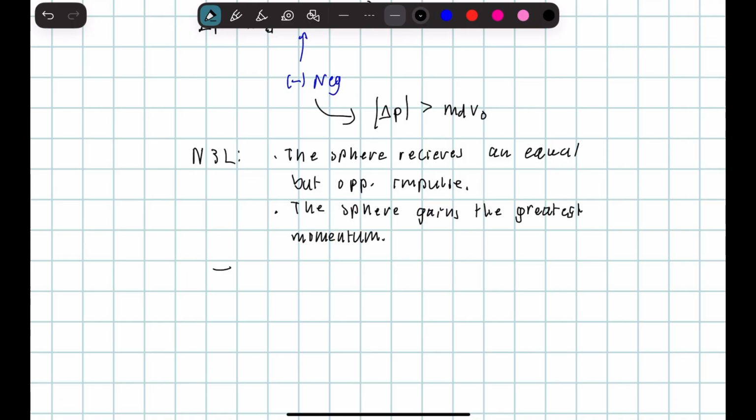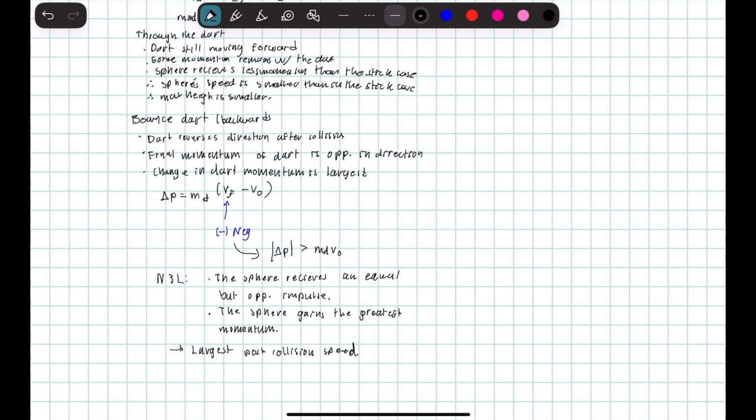So because of this, this one has the largest post-collision speed. So the bounce dart is going to be our answer.